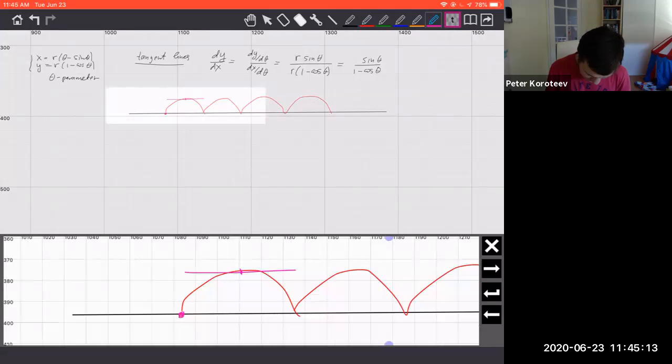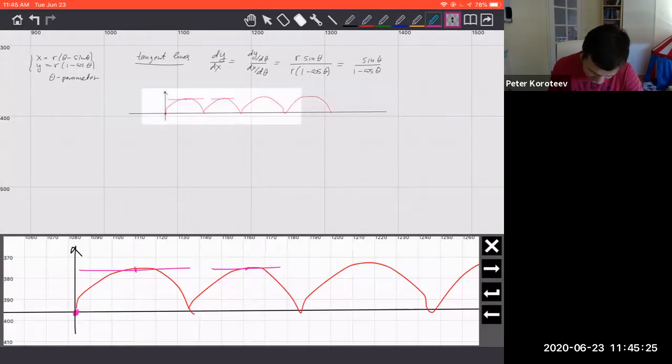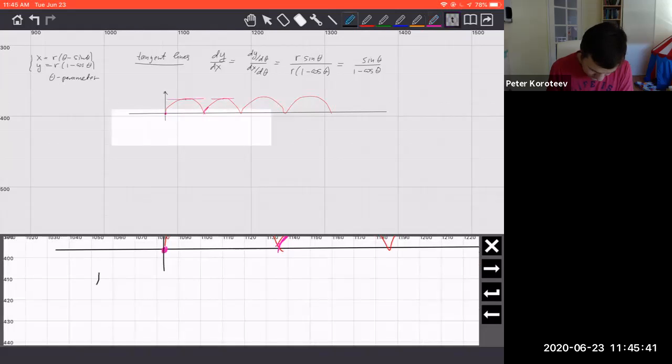Let's say this point is 0, 0, where we start moving. There will be points where the tangent is horizontal, and there will be points where it may be infinite, when it spikes like this. But we need to figure out what's going on as we approach the bottom of the curve. Okay, so, when tangents are horizontal.